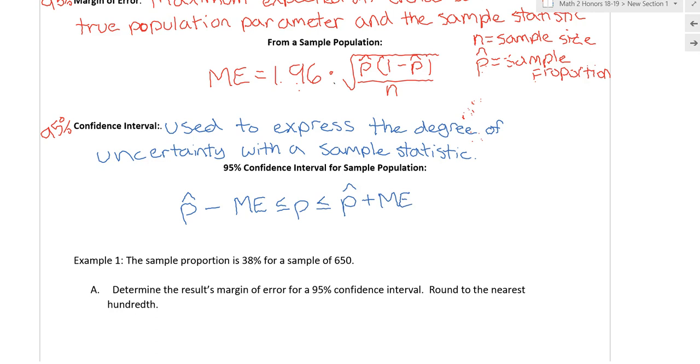Okay, so what does this mean? Again, p hat equals your sample statistic, or your sample proportion, and P equals your population proportion.